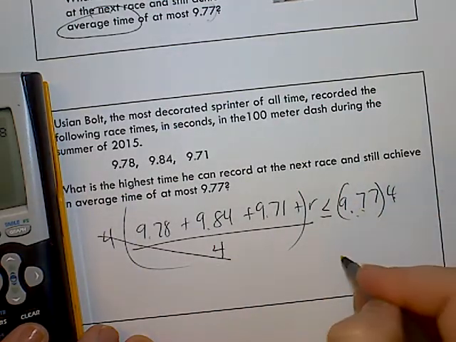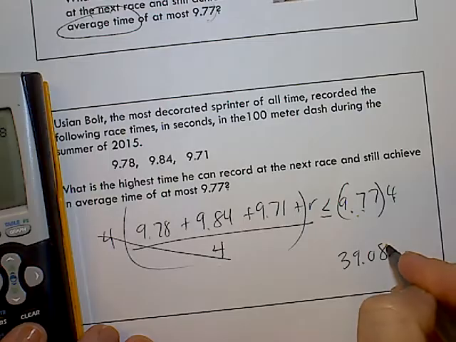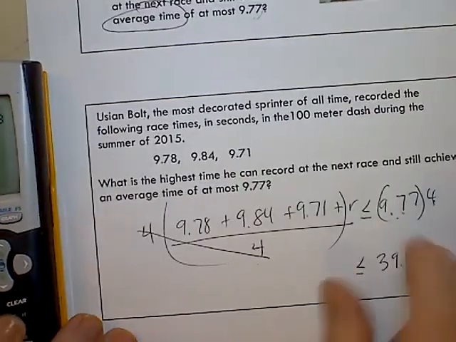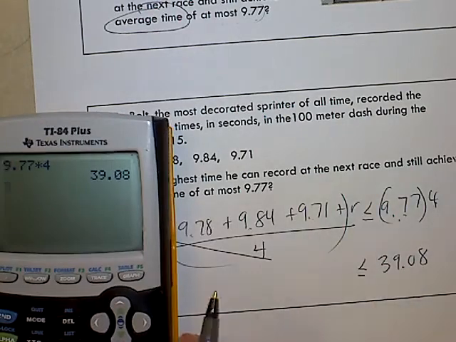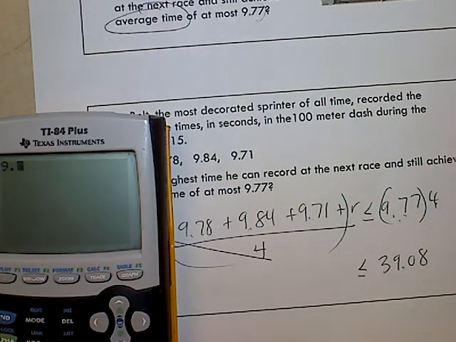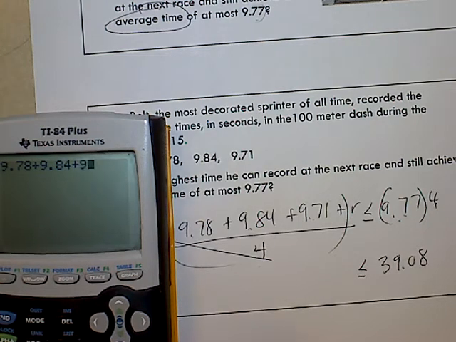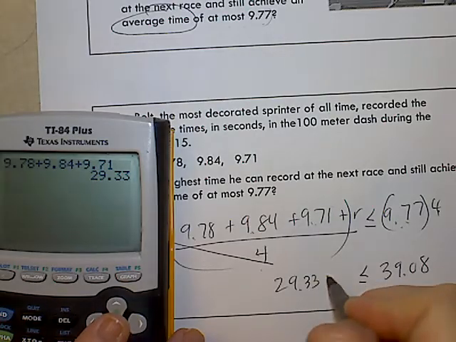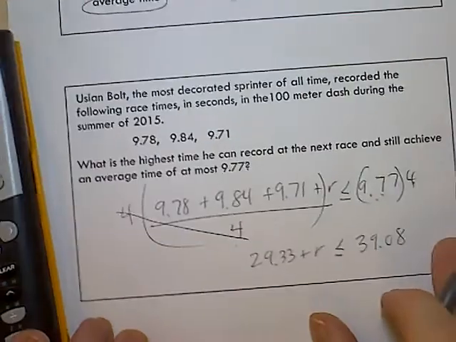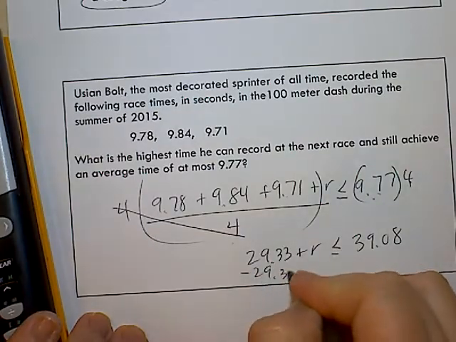So on this side I have 39.08. And then on the left I have these 3 quantities which I'm going to add together right now. 9.78 seconds plus 9.84 plus 9.71. Okay, now to isolate the R, I'm going to subtract.